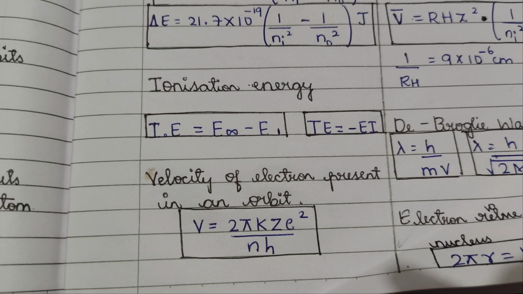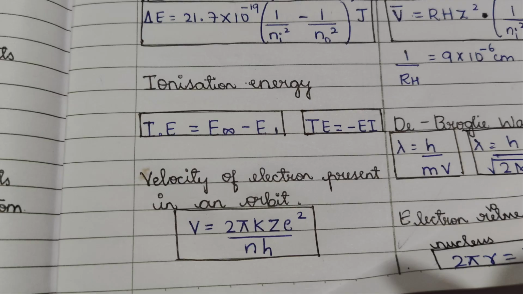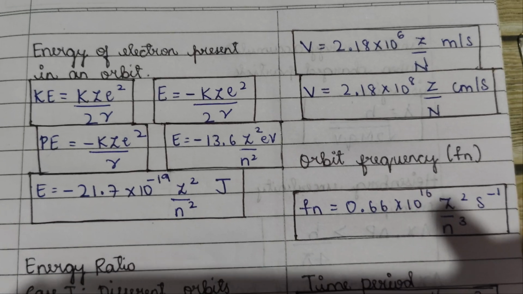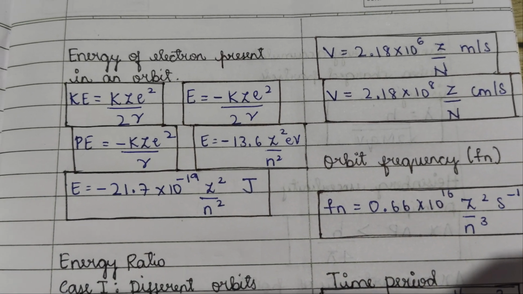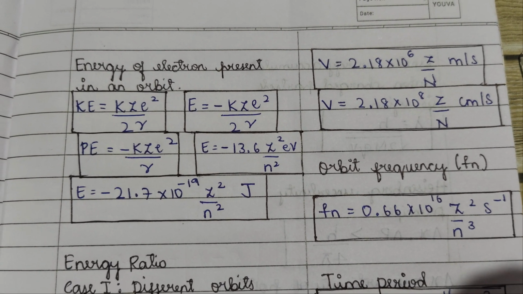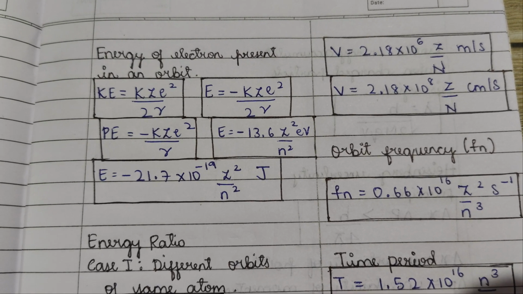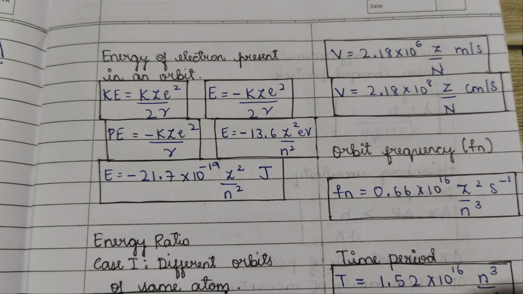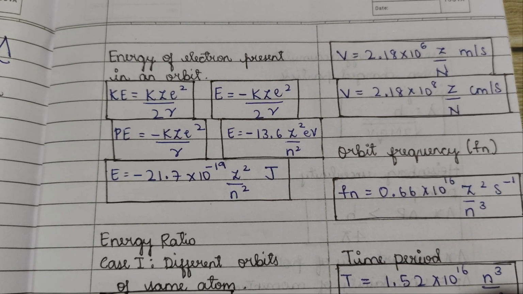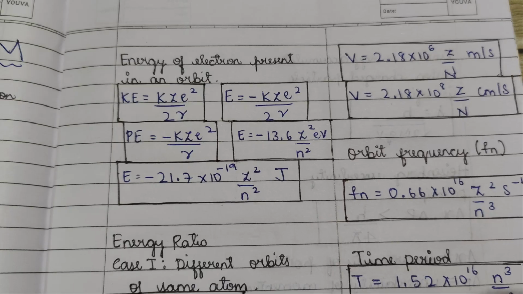Velocity of electron present in an orbit v is equal to 2 pi kze square divided by nh. If they ask in meter per second, then the formula is v is equal to 2.18 into 10 power 6 z by n meter per second. If they ask in centimeter per second, then 2.18 into 10 power 8 z by n centimeter per second.